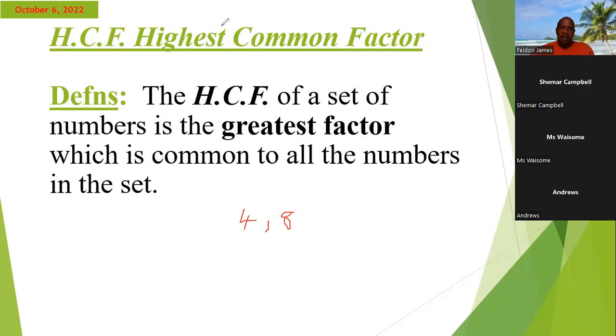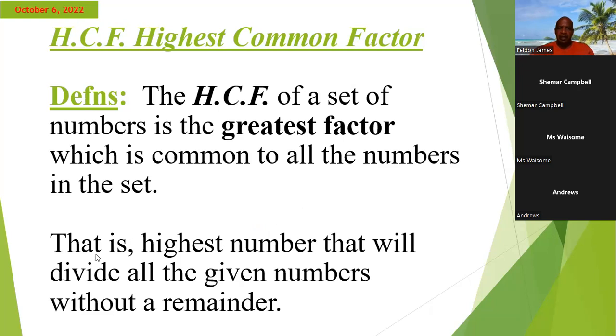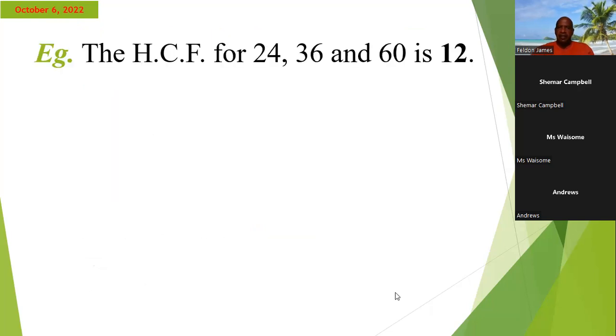All right. So just to shine a little bit more light on it, I'm going to give you an example too. As we said, the HCF is the highest number that will divide all the given numbers without a remainder. Example, here we have the numbers 24, 36, 60.